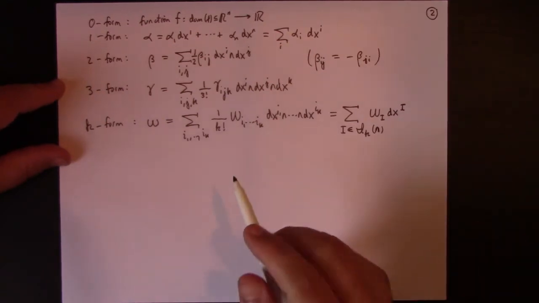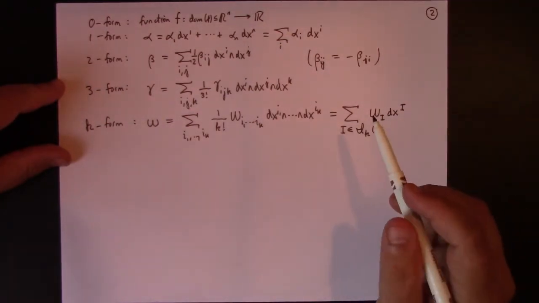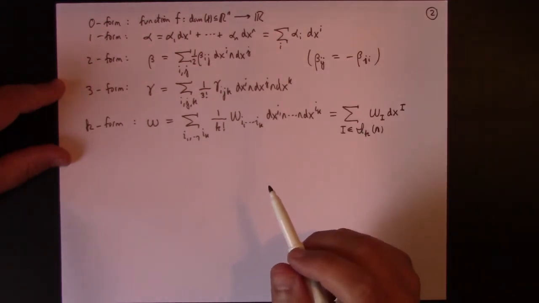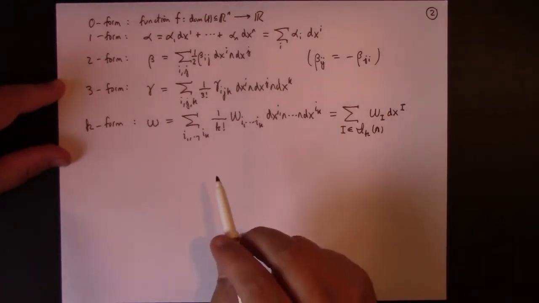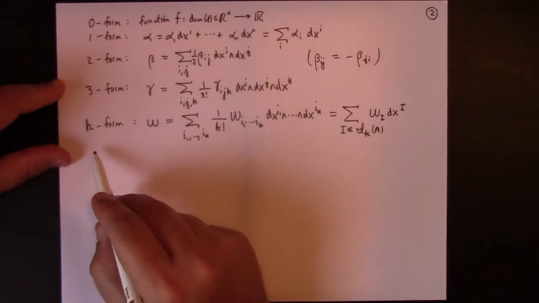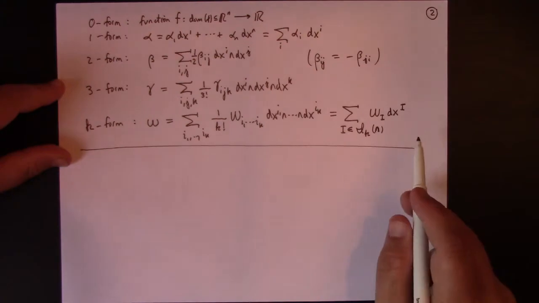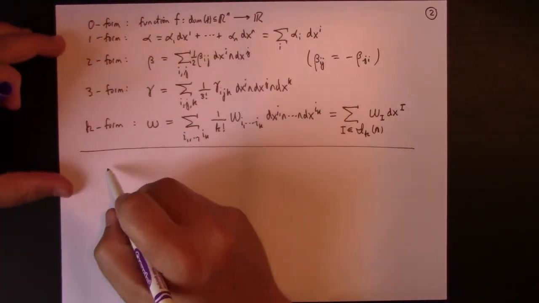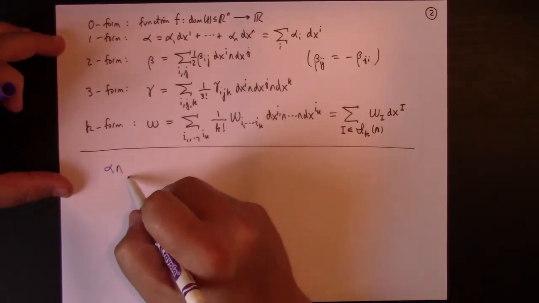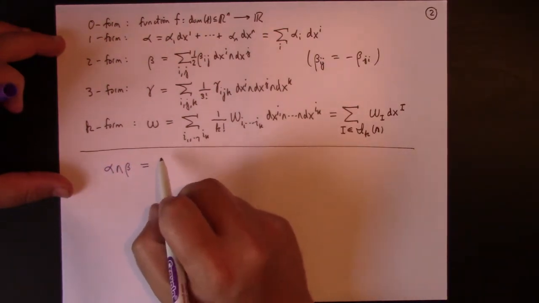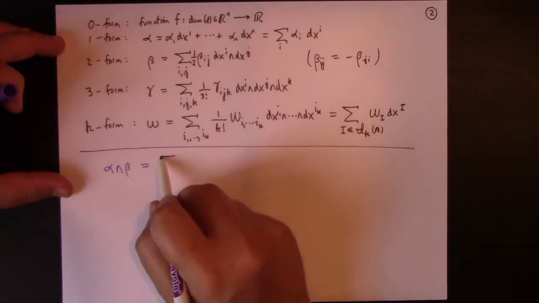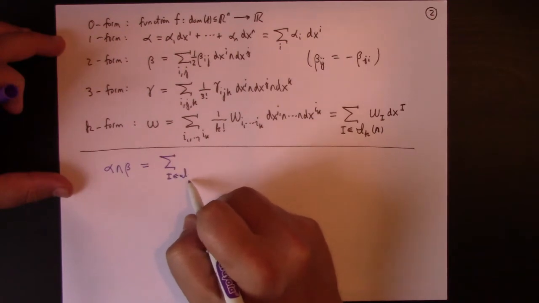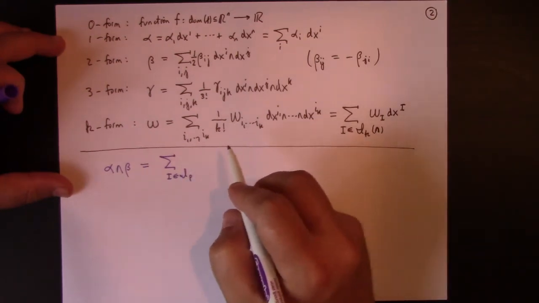And again, if you take a p form and wedge it with a q form, you'll get a p plus q form. So here, let's look at that. So like alpha wedge beta. I'm going to use the multi-index notation if you don't mind. So for example, a sum over I, I'll do a p form.